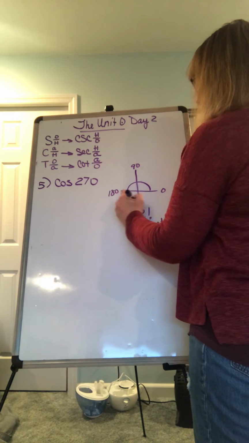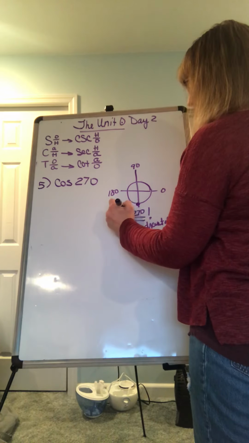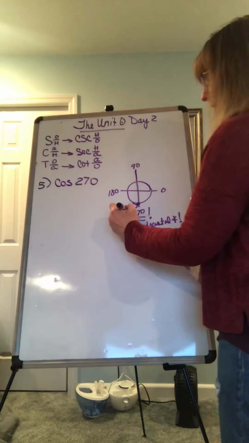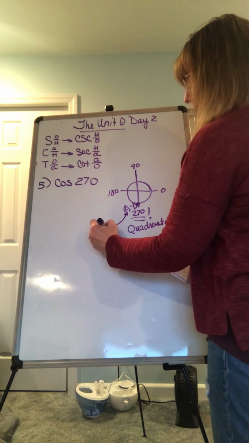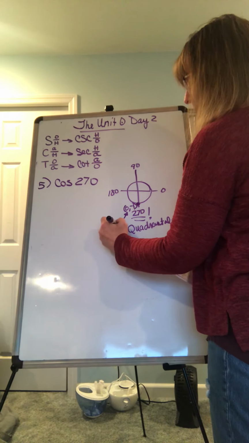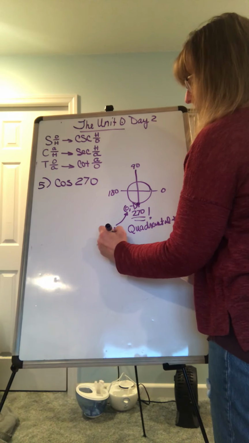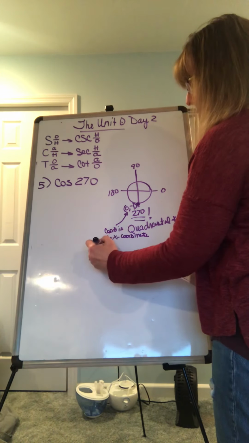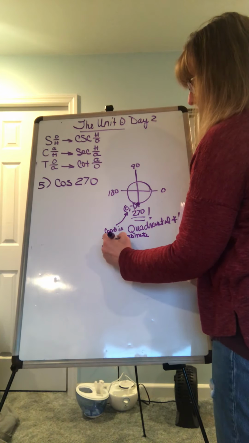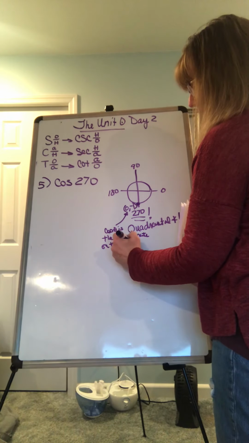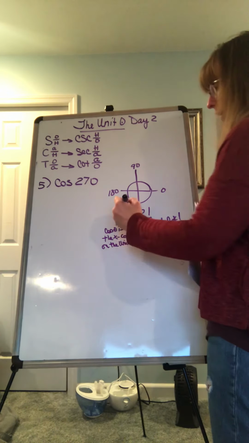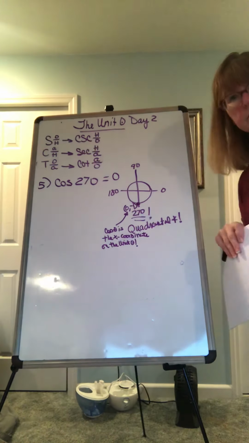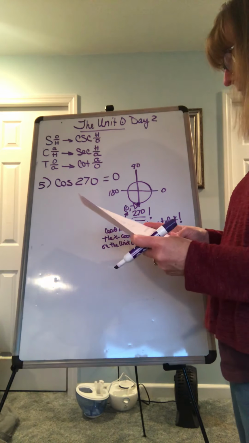So I think about my unit circle. This is the point 0, negative 1. Cosine is my x-coordinate. Cosine theta is the x-coordinate on the unit circle. So therefore, this is 0. So the quadrantals, boy, those are nice.